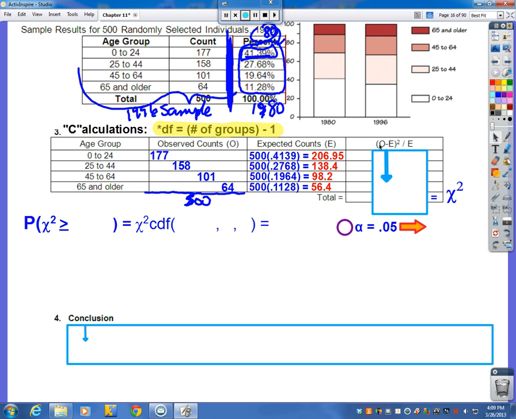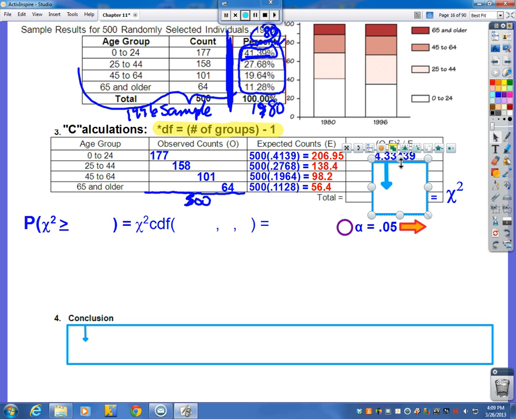Now, to use our chi-square formula, observed minus expected squared divided by expected. So I'm really going to take 177 minus 206.95. It'll give me a negative value, but when I square it, it makes it positive. And then we divide by the 206.95. And you should get, and I did more decimals here than just 4 sig figs, but you can cut it off right here, we'll say 4.334.